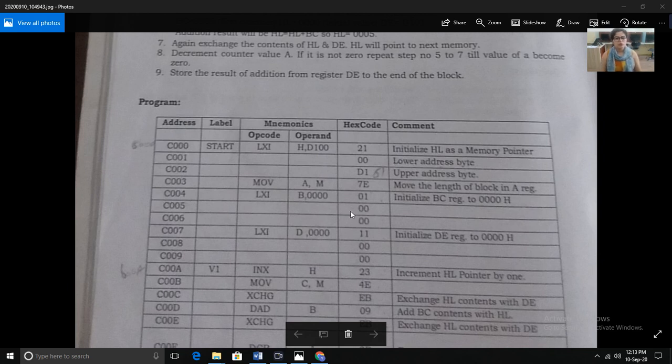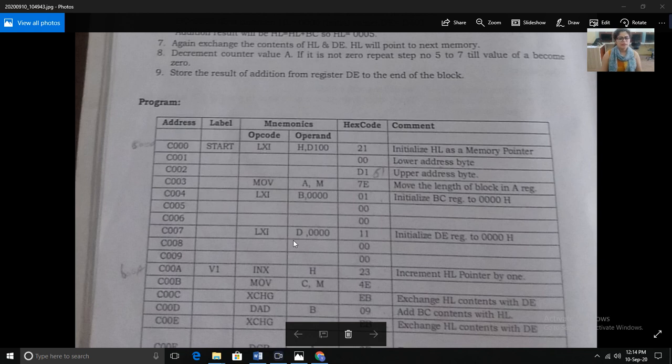Next, this is again 00, the immediate data. Here LXI is pointing to the H register pair, and here we are moving immediate data 00 to the B register pair. That's why there is a difference. So this is again 00.